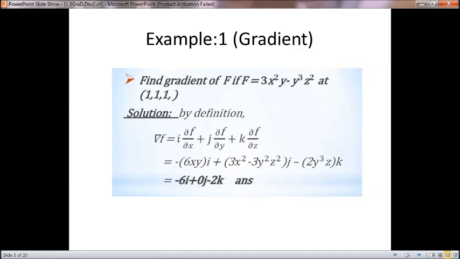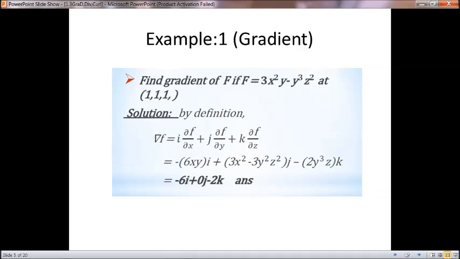Whenever del f has to be found, that is, the gradient has to be introduced, del f is a directional component because del is i into dou by dou x plus j into dou by dou y plus k into dou by dou z into this f, and so it will become i into dou f by dou x plus j into dou f by dou y plus k into dou f by dou z.